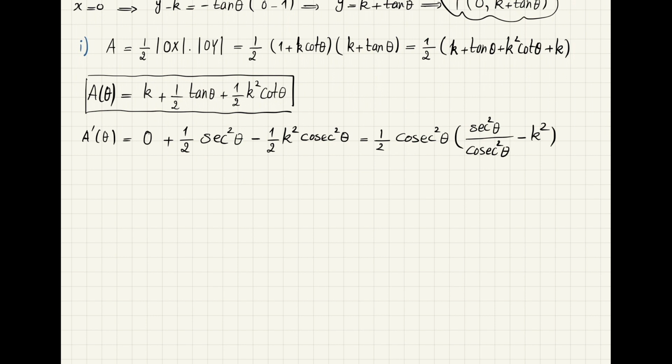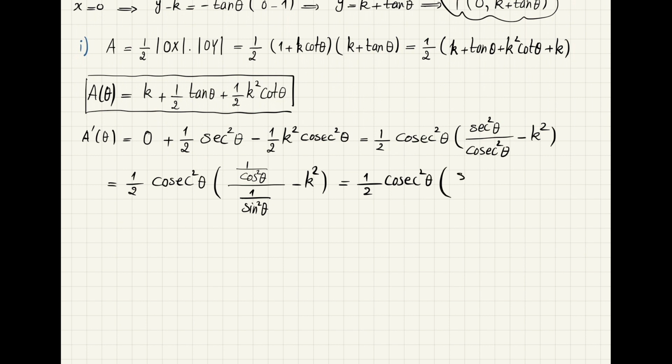But it's easy to continue, so it becomes 1/2 cosecant to the 2 theta. And then instead of secant squared, I can put 1/cosine to the 2 theta. That's the definition of secant to the 2. And then I have cosecant to the 2, which is 1/sine to the 2. And then I have minus k squared. Okay, so then it becomes 1/2 cosecant to the 2 theta.